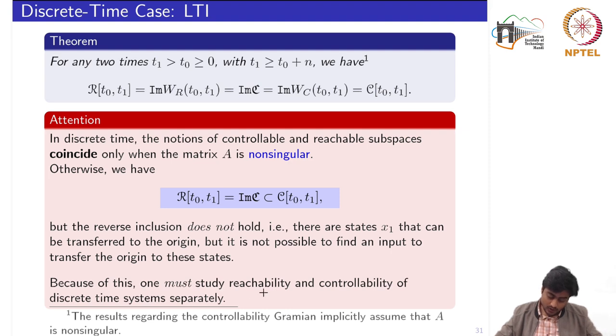Because of this, one must study reachability and controllability of discrete time systems separately. For the continuous time system, we could study either of them and prove our results. For the discrete time, whether the matrix A is non-singular or singular, we need to study both concepts separately, reachability and controllability.